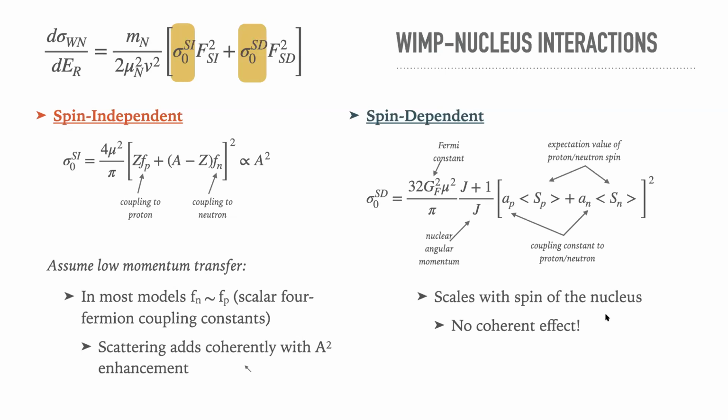And then you are still considering the coupling constants to both the proton and the neutron. And then these new terms, S sub p and S sub n, these are the expectation values of the proton or neutron spin.